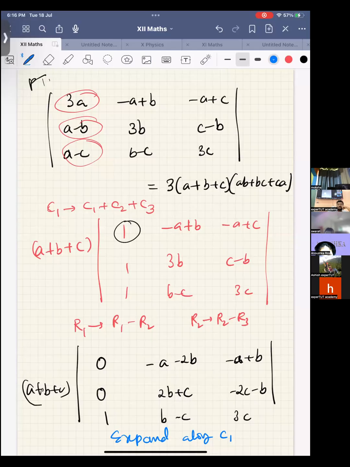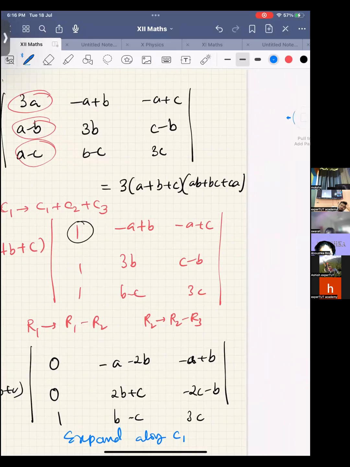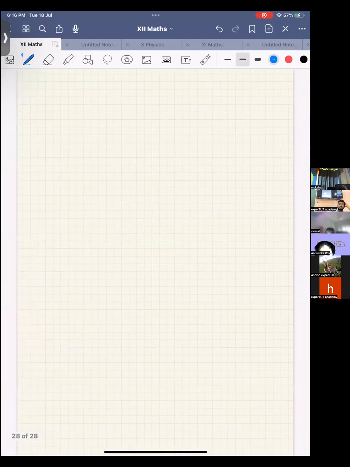Page number, in mine it is 258 approximately. It is determinant first exercise. I am doing one question of this, and you will do the even numbers at home, okay?